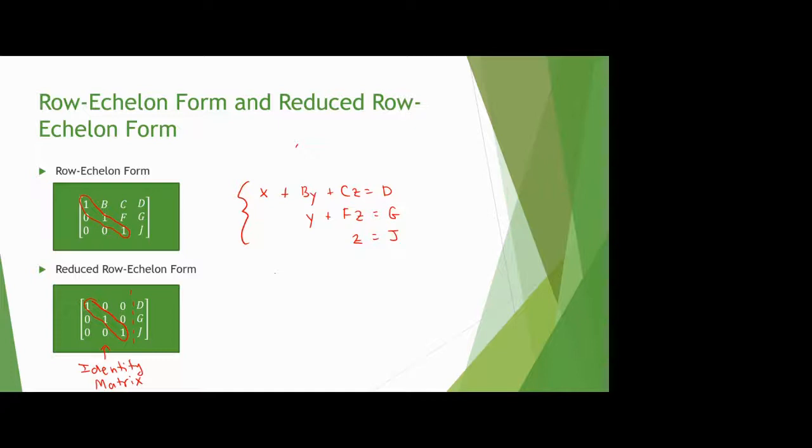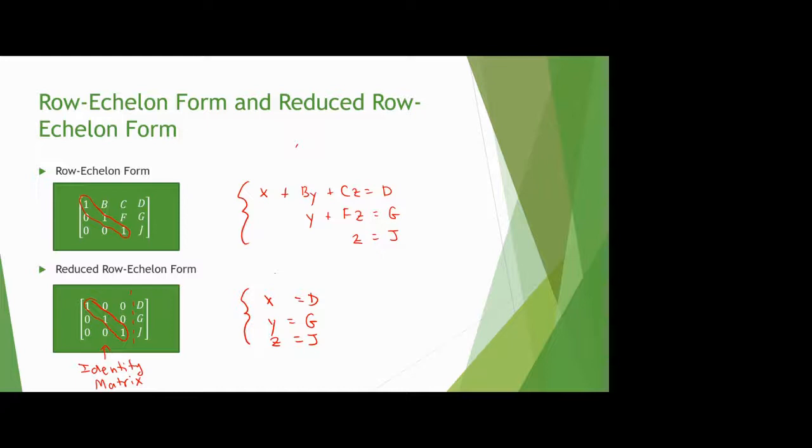So your coefficient matrix is the identity matrix. When we look at this in system form, this would be x equals d, y equals g, and z equals j. So you have only one variable in each equation. You basically have the answers right there.